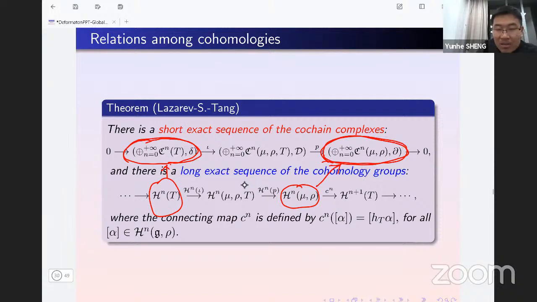So we have this long exact sequence. Here, Hn T can be taken as the cohomology of the relative Rota-Baxter operator T, and Hn of mu rho can be taken as the cohomology of Lie algebra structures mu and the representation rho. In the middle is the cohomology of relative Rota-Baxter Lie algebras, (mu, rho, T). So we have this long exact sequence to describe their relations.